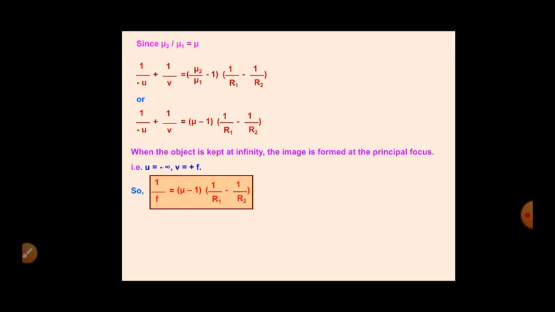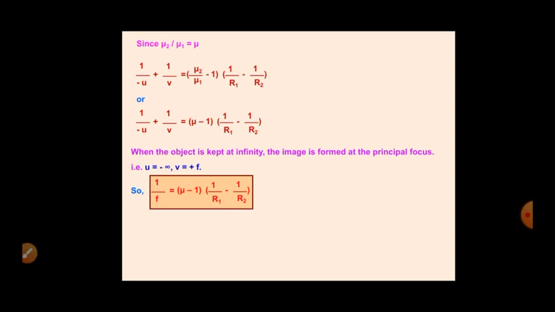As you can see now, this formula is the general form of the lens maker formula, through which we can decide of which focus we have to construct the lens. While constructing the lens, it depends on the refractive index of the material of the lens. Second, it depends on the radii of curvature of the refracting surfaces through which we make the lens.